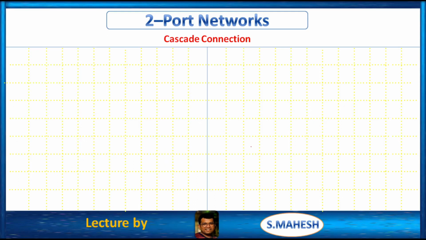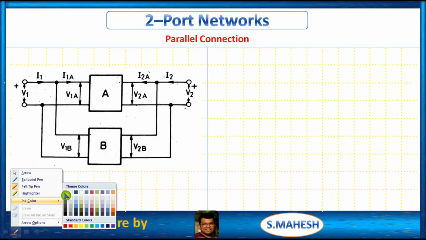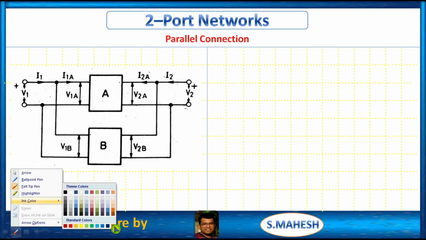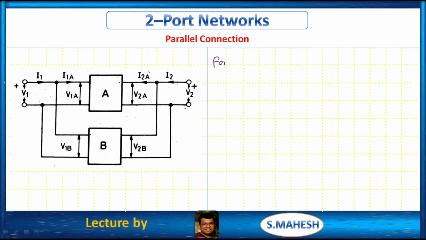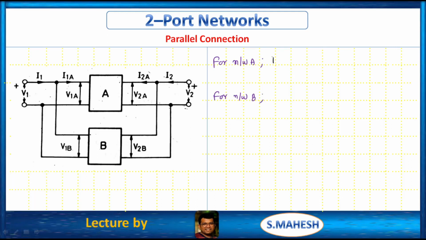Next we have to discuss the parallel connection. So this is the parallel connection. In this, current division takes place and voltage is the same, right? For network A and for network B. For network A, we have current I1A.